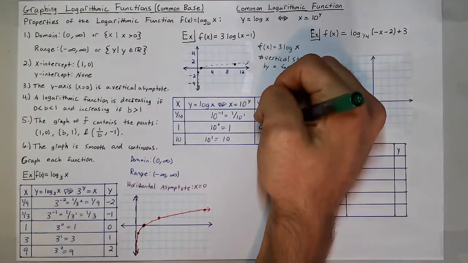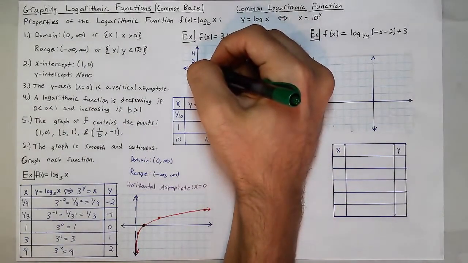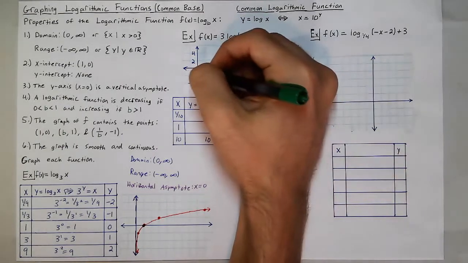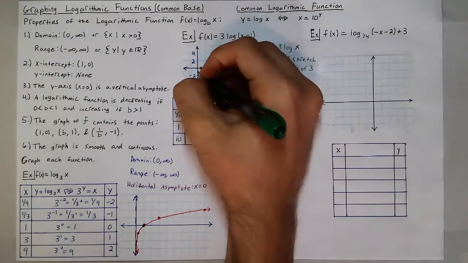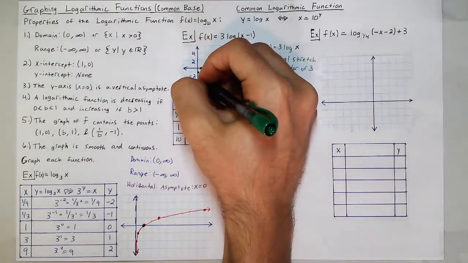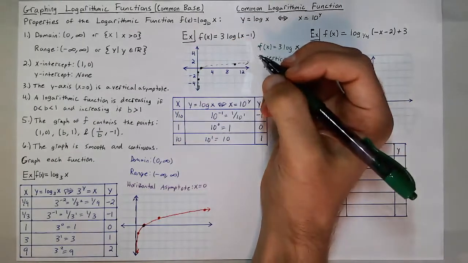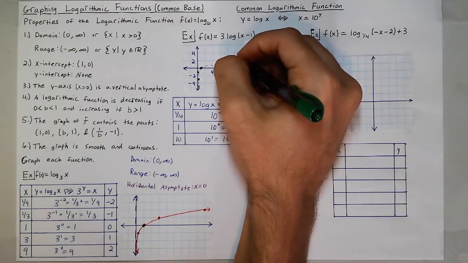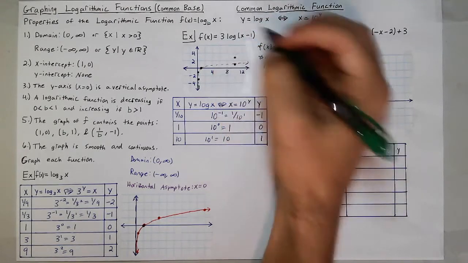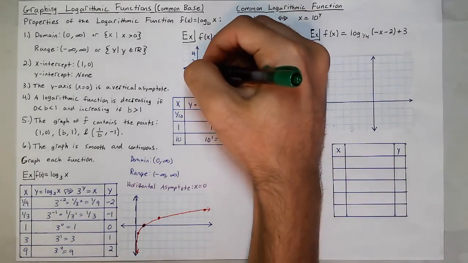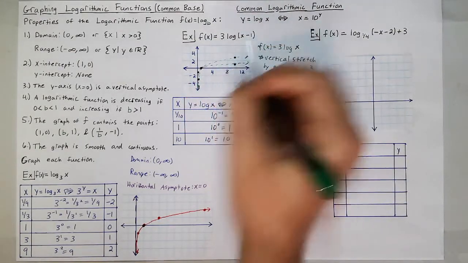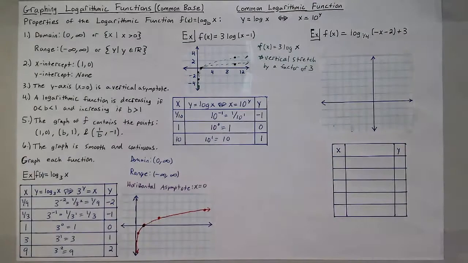So the y value here at the y-intercept won't change, but this one here at 1/10, -1, if I multiply -1 by 3, it'll stretch it downwards to -3. And the other point here that's at 10, 1 stretches upwards to 10, 3. Causing this function to stretch out a little bit more and reach a little bit higher than it did before.